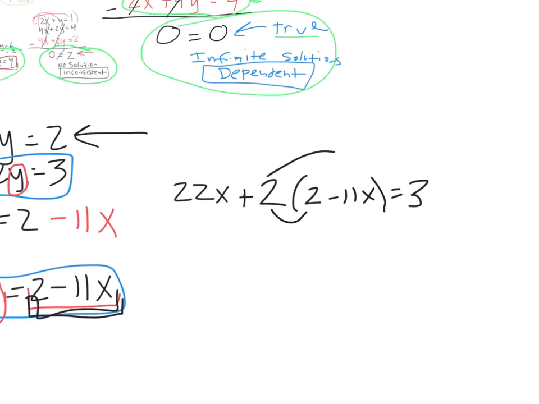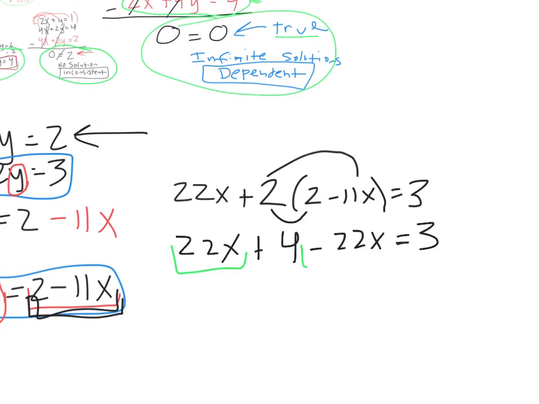Let's solve this equation. We're going to start out by distributing. So I have 22x plus 2 times 2 is 4. And then I have 2 times negative 11 is negative 22x equals 3. Now I need to find my like terms. 22x minus 22x.